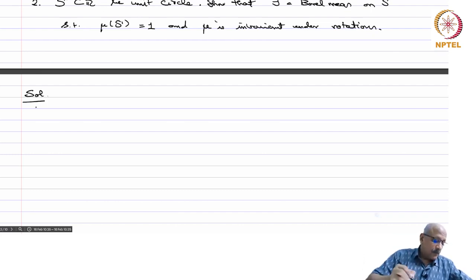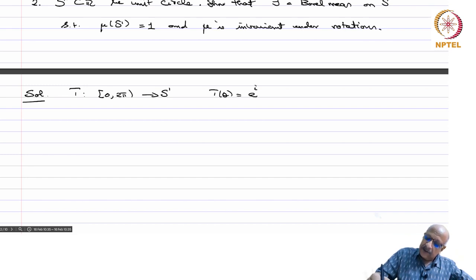Solution. So you take T from [0, 2pi) to S1. T of theta equals e to the power i theta, and that gives you a point, or (cos theta, sin theta) if you prefer the real coordinates, and therefore you will get a mapping here. And this is a bijection.